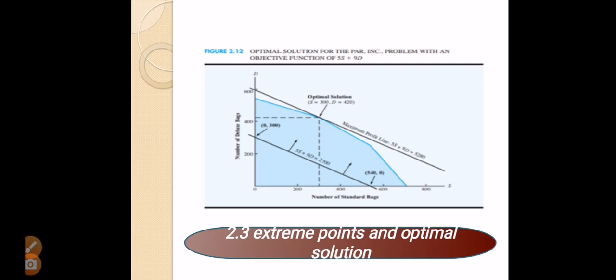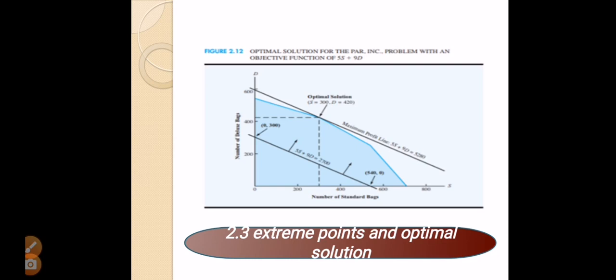2.3 Extreme points and optimal solution. So this is the graph to get the optimal solution. The line inside the feasible region is the objective function line, or the profit line, since our objective is to get the maximum profit.